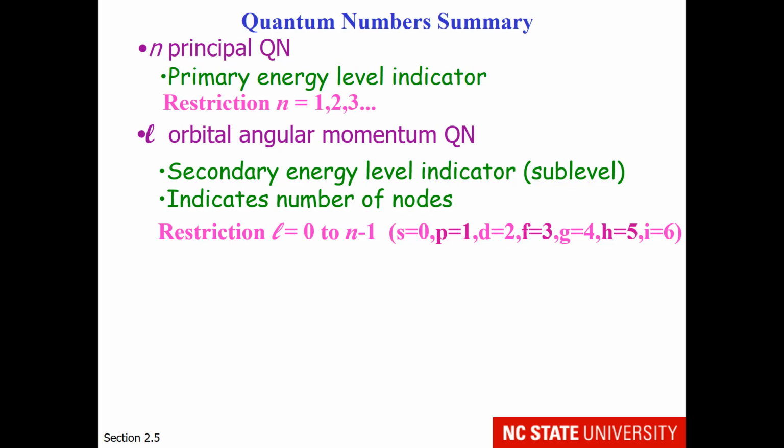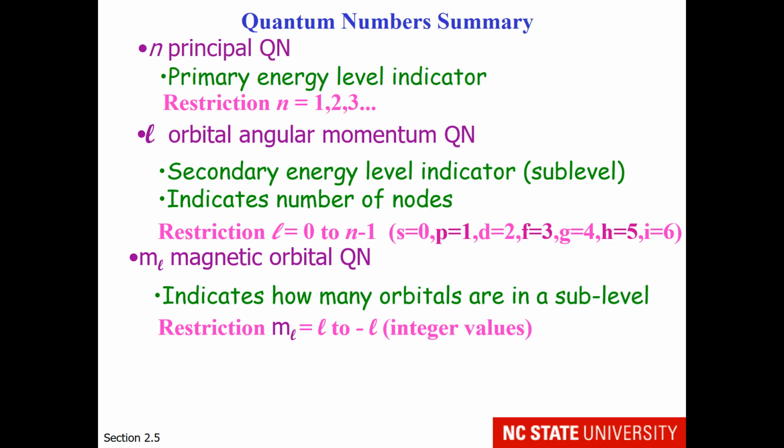It also indicates the number of nodes and therefore the shape of the orbitals. The restrictions for L is that it starts at 0 and ends at whatever n is minus 1. And of course you know that the numeric L values correspond to letters.